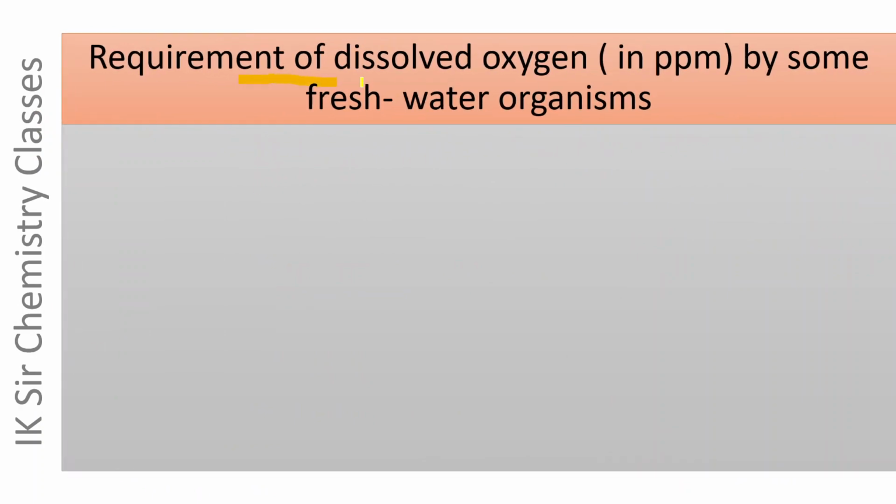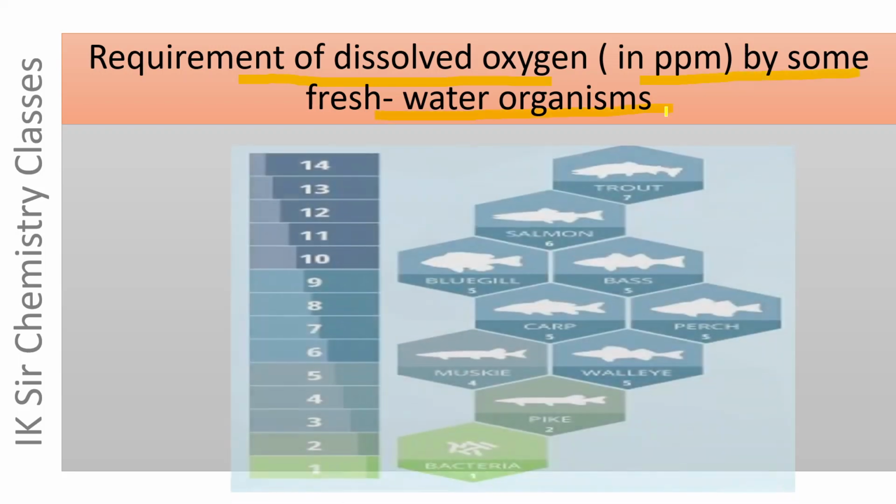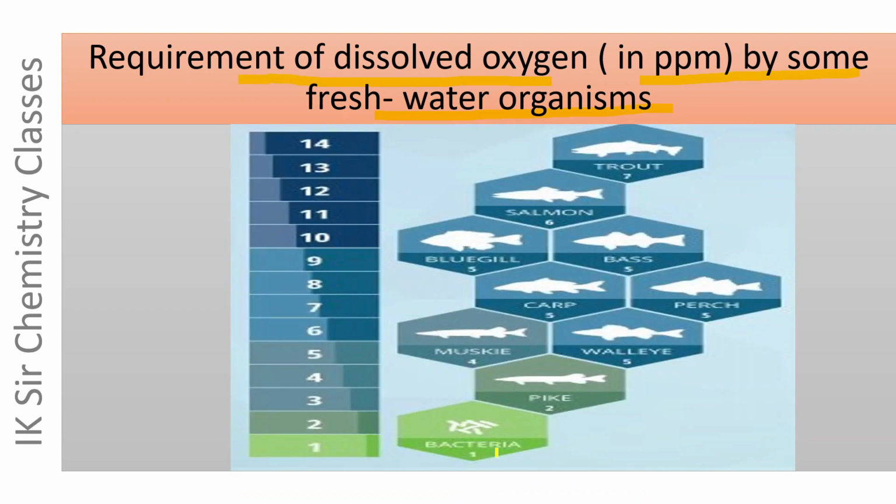Requirement of dissolved oxygen in ppm by some freshwater organisms is given below. Bacteria can survive in water even in very low DO value, while trout requires very high DO value in water for their survival. These are different freshwater organisms which require increasing amount of DO value.